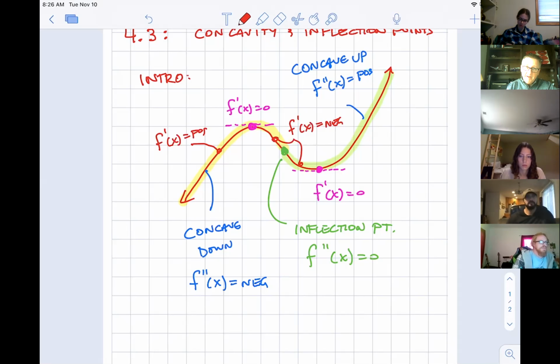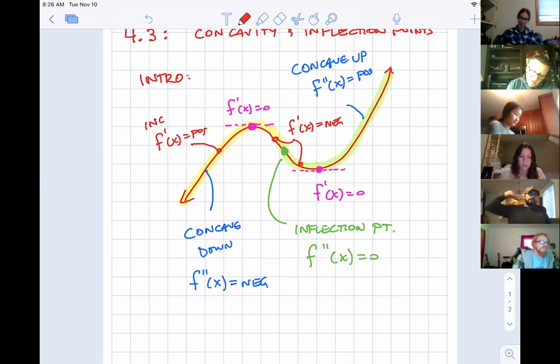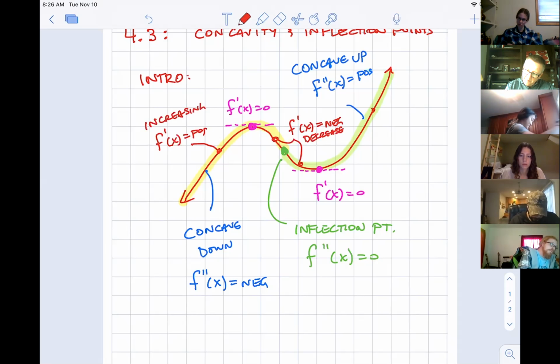All through there, you have a negative slope. You're decreasing. So we use the word increasing for when you have a positive slope, and we use the word decreasing when you have a negative slope. And then back out here, the first derivative is back to a positive number again. And so it's actually increasing again.